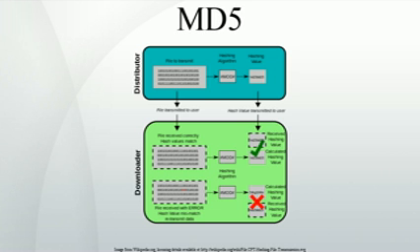Furthermore, current collision finding techniques allow one to specify an arbitrary prefix. An attacker can create two colliding files that both begin with the same content. All the attacker needs to generate two colliding files is a template file with a 128-byte block of data, aligned on a 64-byte boundary, that can be changed freely by the collision finding algorithm.